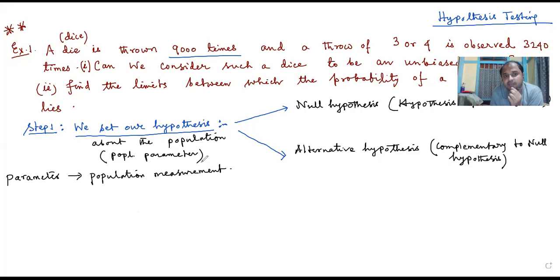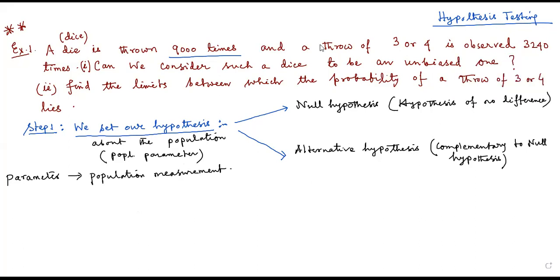So when we are setting our null hypothesis, that null hypothesis will be set with respect to the population parameter. So I'm going to tell you how to set this null hypothesis. First of all, you have to know about the notations which will be used over here. The first notation that I'm going to use is for null hypothesis, and this notation is H0. Here capital H stands for the word hypothesis, and 0, actually this is a kind of binary system where the answer is either yes or no. Why is it so?